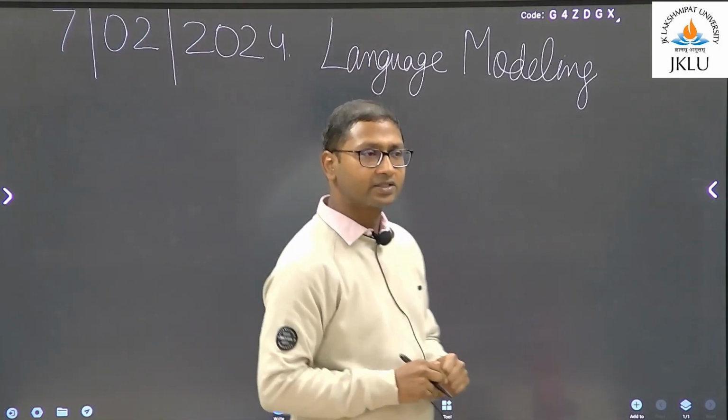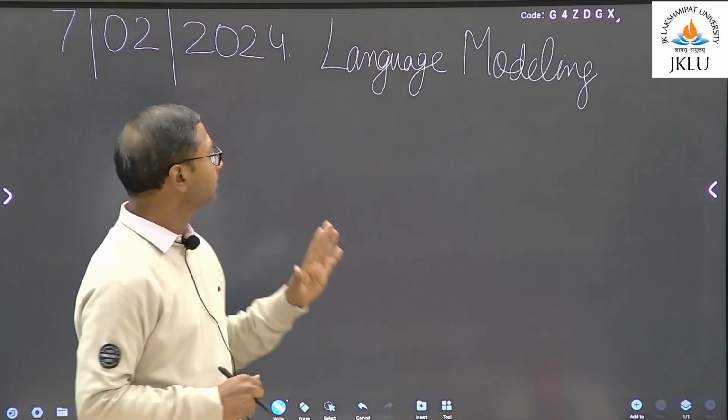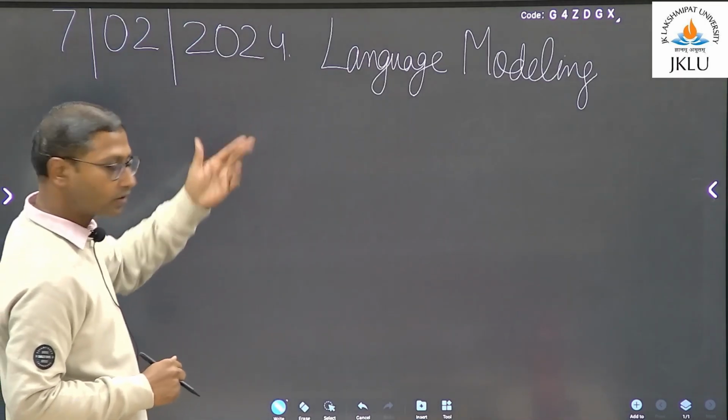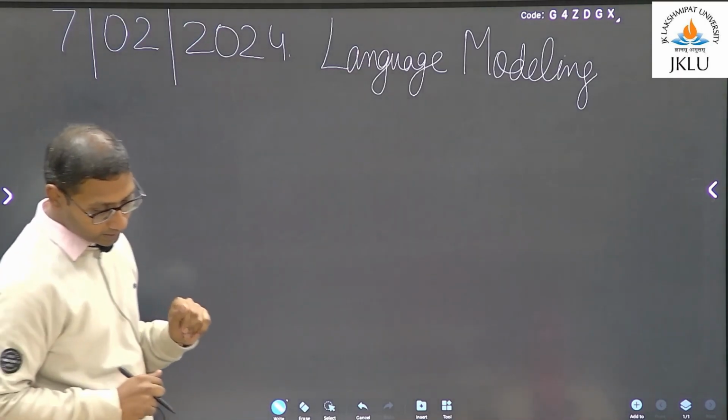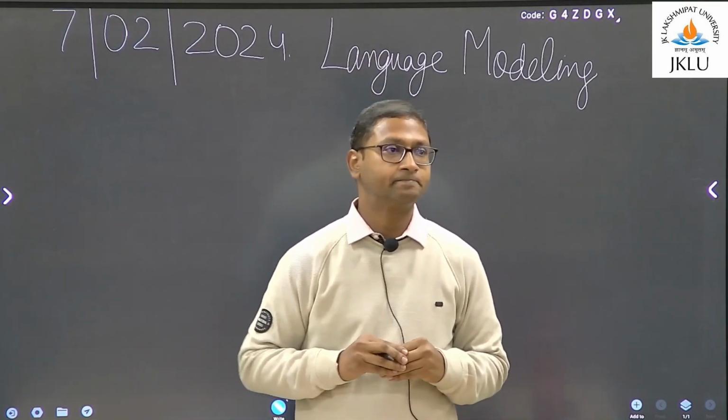I prepared a lecture on RNNs, but then at the last minute I decided we will do language modeling first and then talk about RNNs. So what is the problem of language modeling?